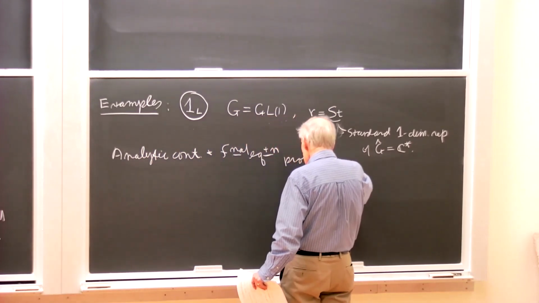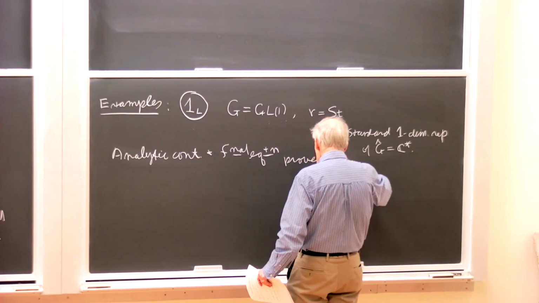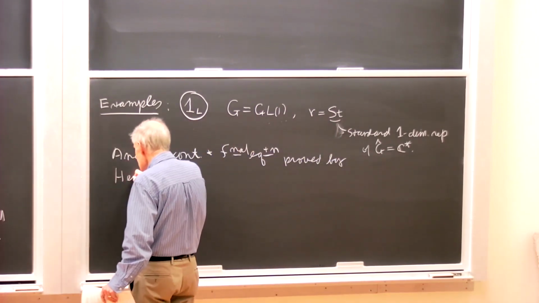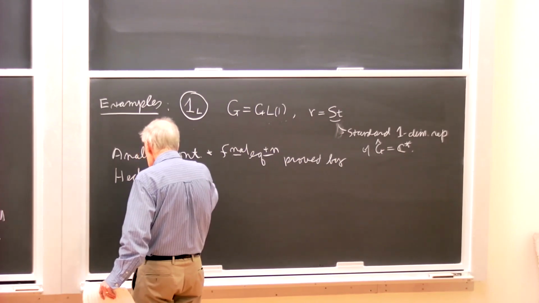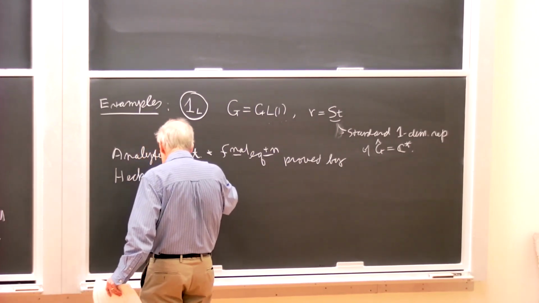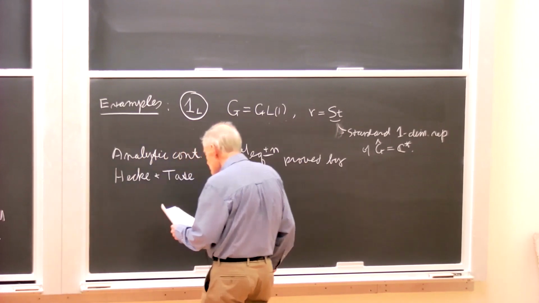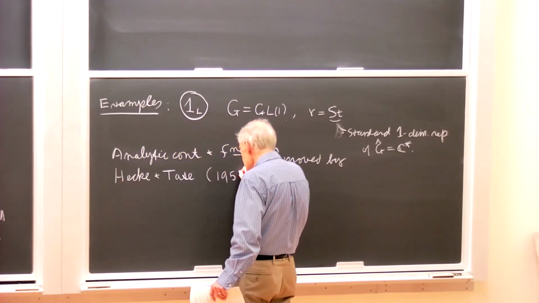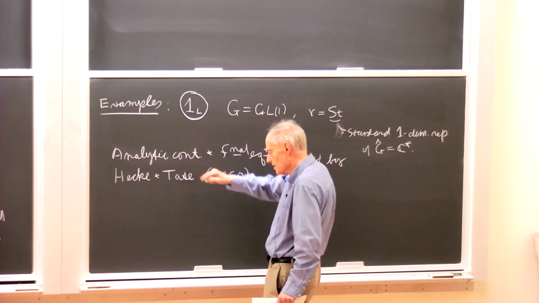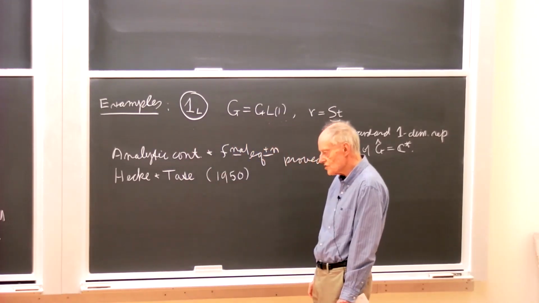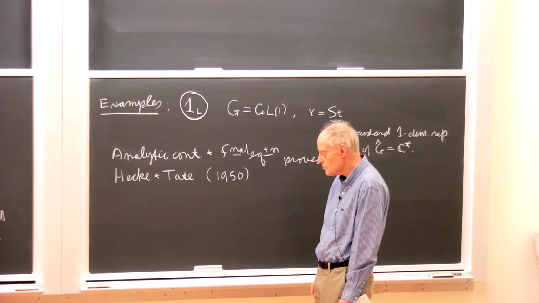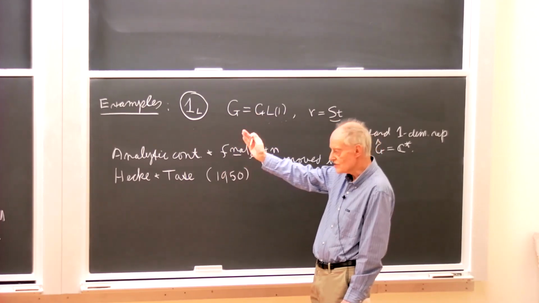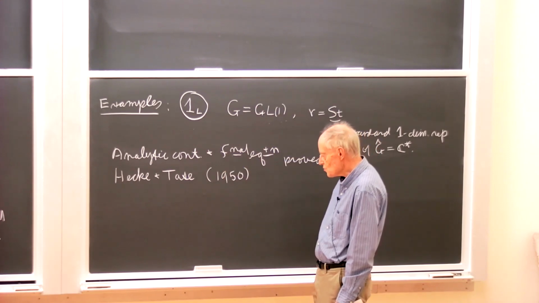It was proved by Hecke in many cases, and Tate, I guess, in all cases. It was Tate's thesis, basically, and actually he was working over a more general situation, over a ground field that's any number field. But in this case, analytic continuation and functional equation was well known.